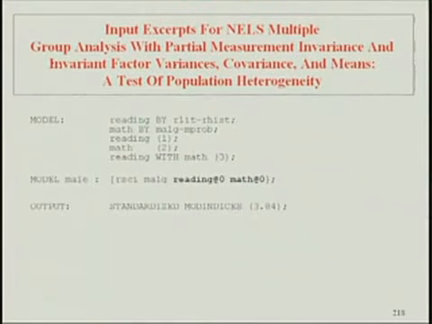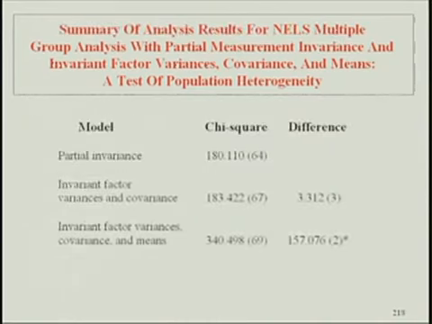So model female is group 1. The means of reading and math are 0 in model female by default, and we're fixing them to 0 in model male by saying reading at 0, math at 0. And once again, the difference between the partial invariance model and then we have our factor variances and covariances.